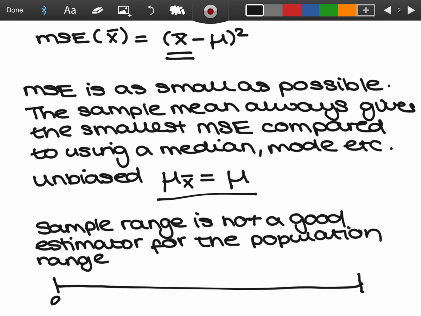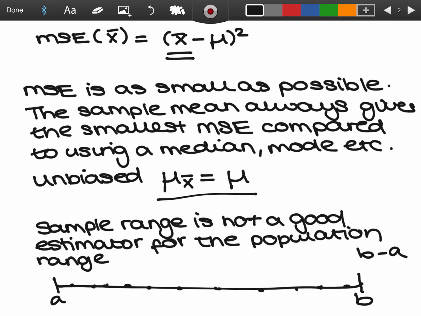So A was the smallest value in the population, and B was the largest value in the population. So you have a range here of B minus A. So your population range is B minus A. Now, you're going to have all of your population data points all along this line.